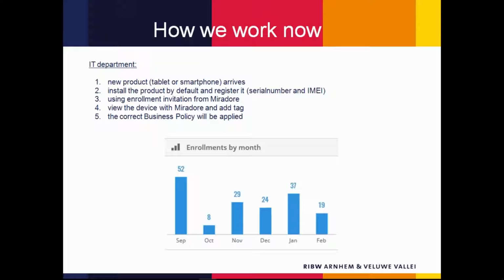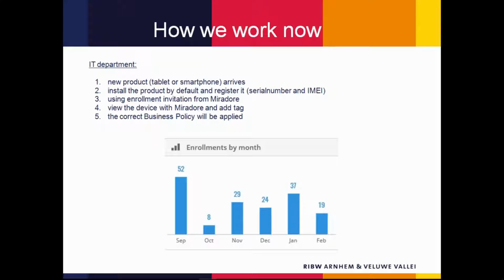Then, when the device is listed and enrolled in our environment, we add a tag, and the tag is connected to our business policies. When it's applied, the business policy will be rolled out when the device is syncing with our environment.